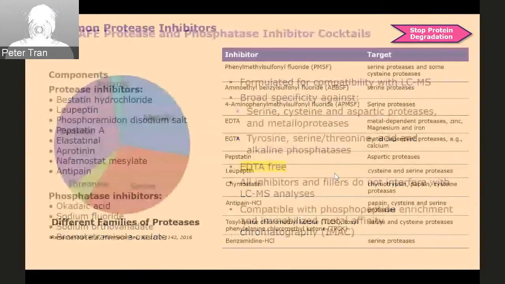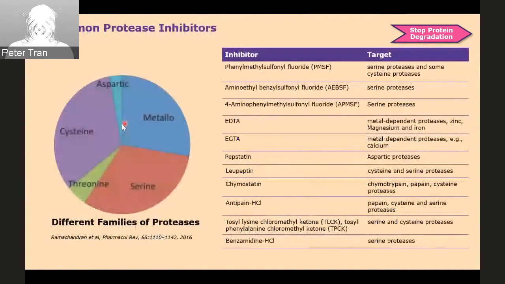Okay, so what are the common proteases in the cell or tissues? Basically, serine, cysteine, and metalloproteases are the most common ones, and there are also some aspartic and threonine proteases, which form the family of proteases.